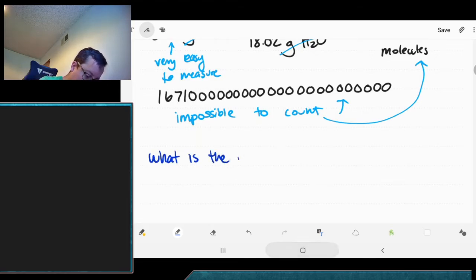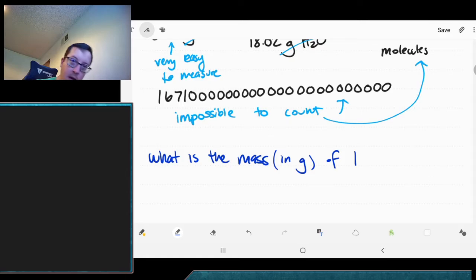What is the mass in grams of one, what shall we say, lead atom? Let's see how much one atom weighs. As always, this is a unit conversion, trust me.